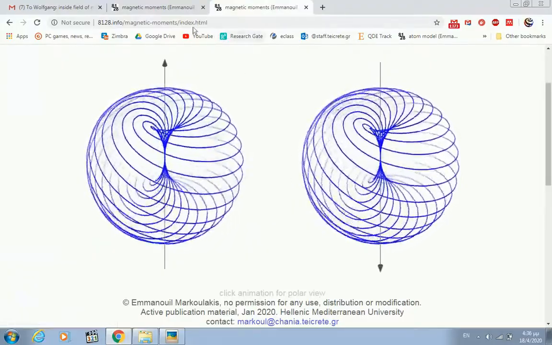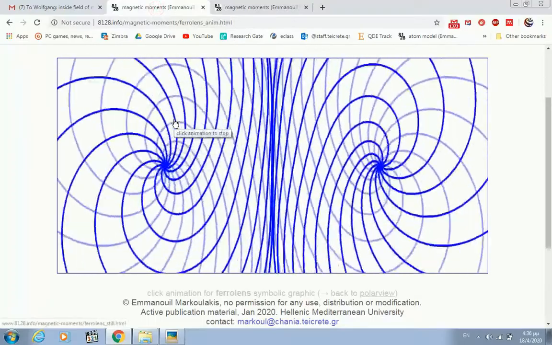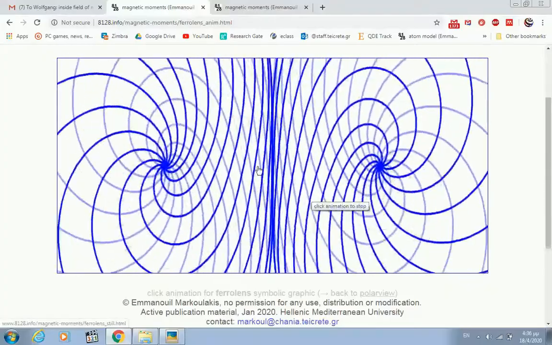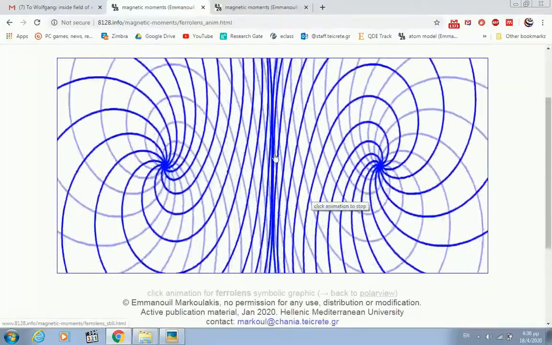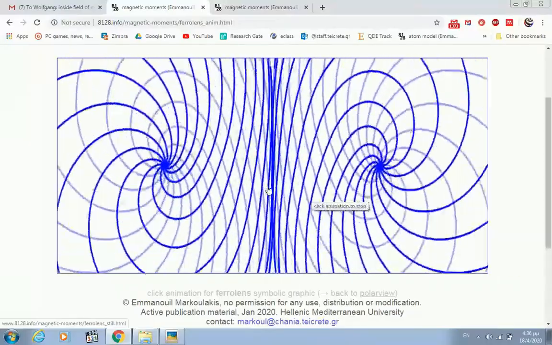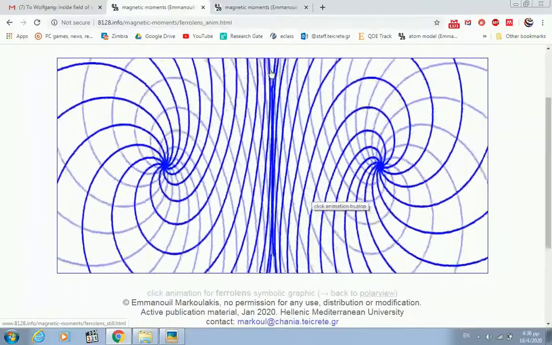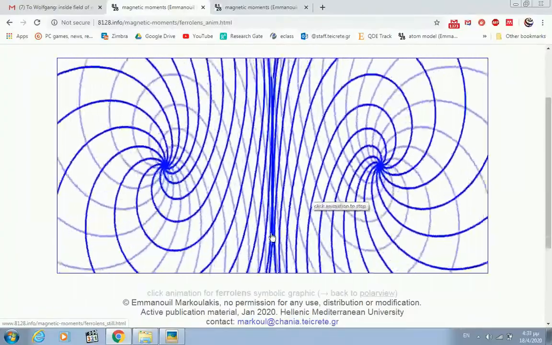So that gives us this image here, and here in the joint section, because there is more pressure, the lines are losing the curl when displayed by the Ferrolens and becoming straight. They're straightened up.